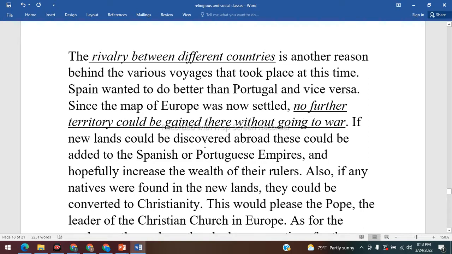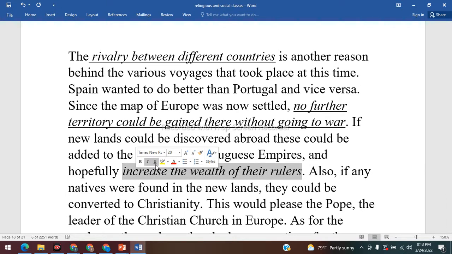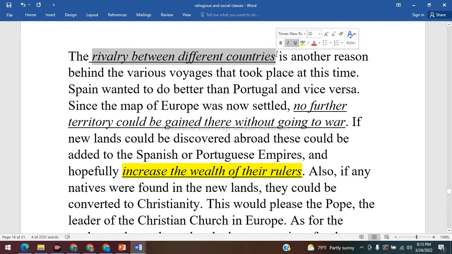So like we said there, if new lands could be discovered abroad, these would be added to the Spanish or Portuguese empires and hopefully increase the wealth of these rulers. So they were looking at increasing their wealth. Okay. So three reasons we talked about so far why they were looking to go on these voyages.